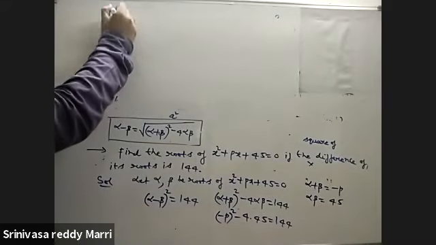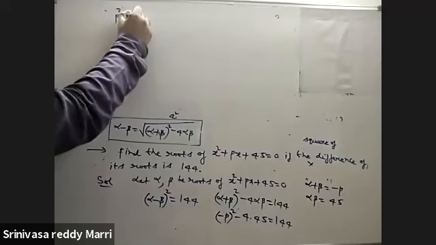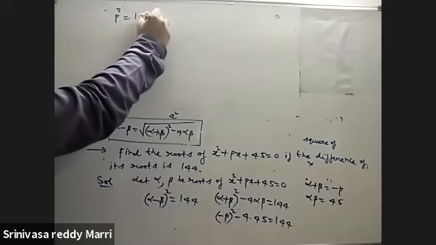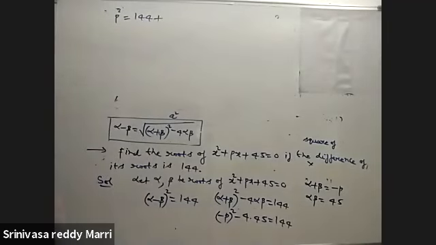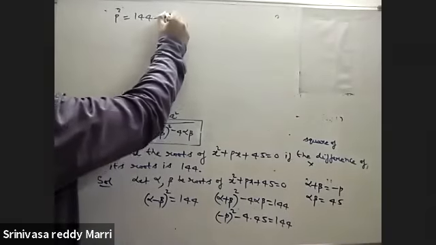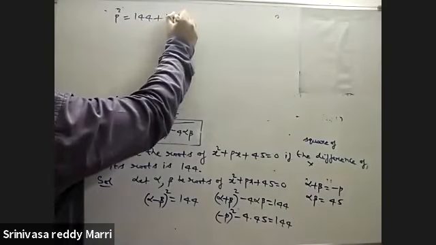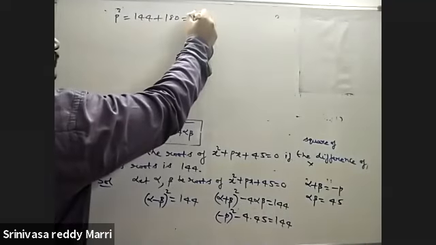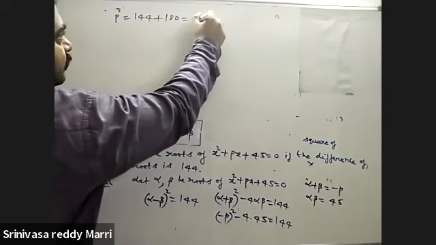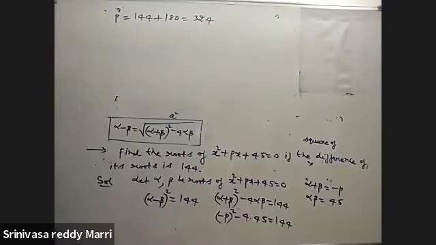So p square equals 144 plus 4 into 45, that is 180, which is 324.